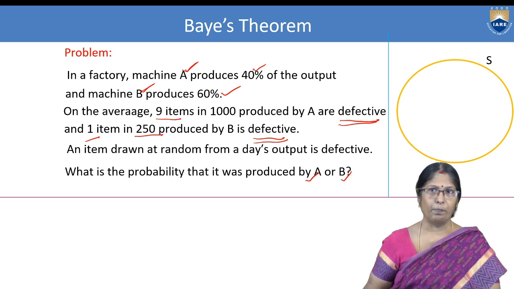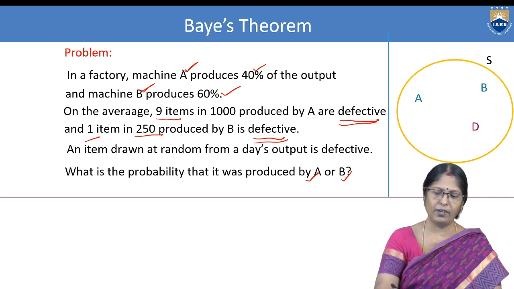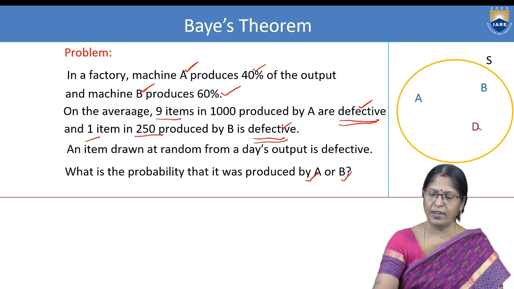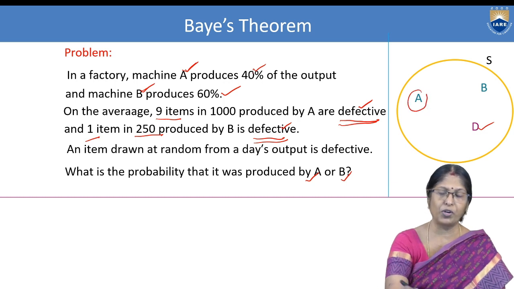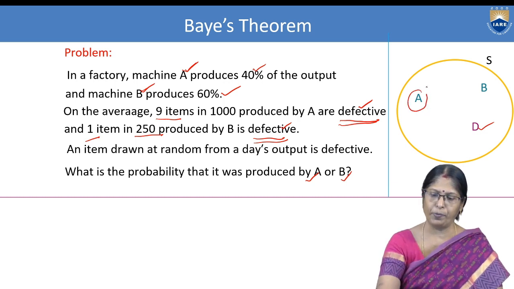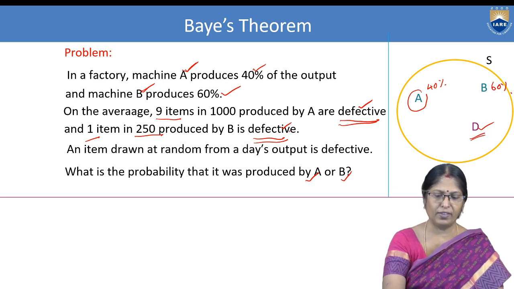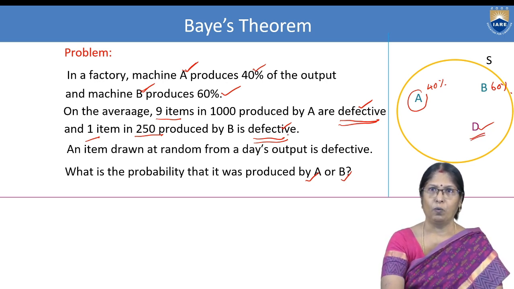Sample space: A, B. Two events, they are the main events. This D is the defective event that we named capital D. A is 40% and B is 60%, as we can tell easily from the question, and D is the event that the item is defective.